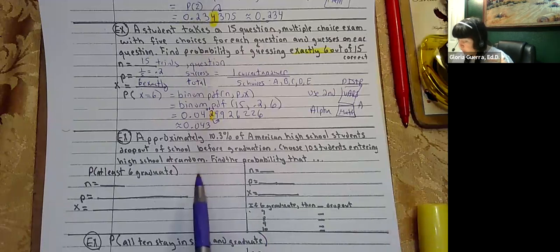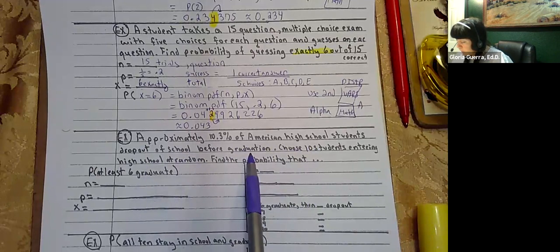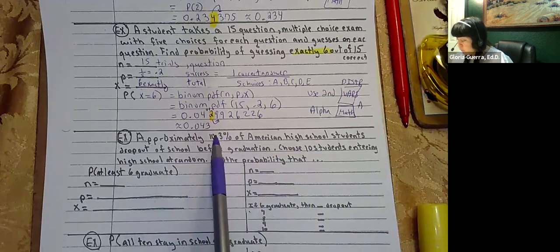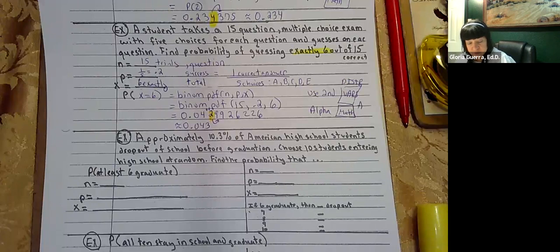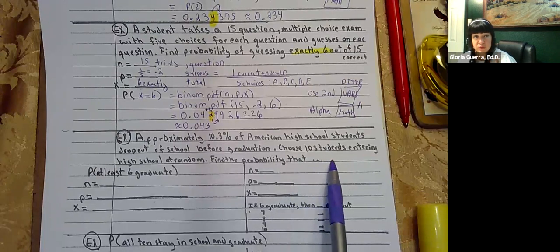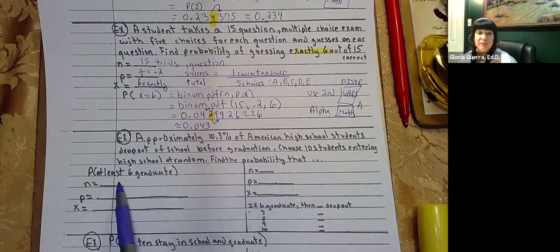The first one says that approximately 10.3% of American high school students drop out of school before graduation. You notice they're talking about the dropouts. But if I keep reading, it says choose 10 students entering high school at random and find the probability that at least 6 graduate.